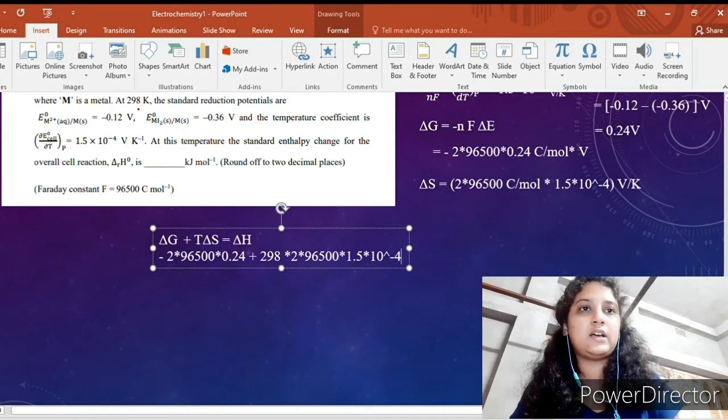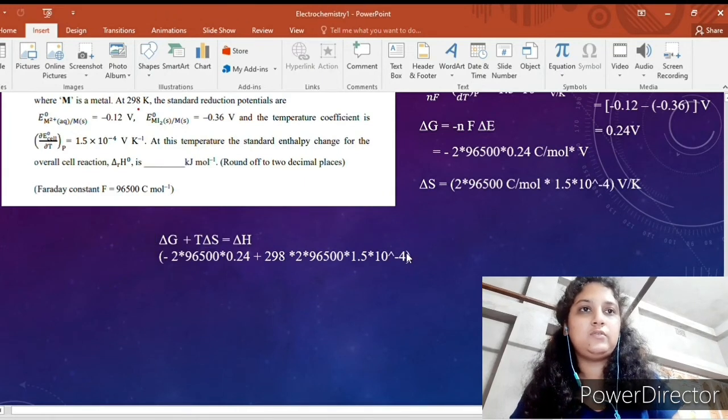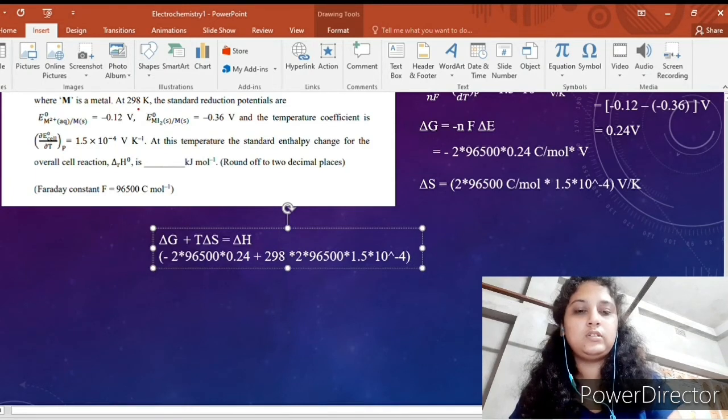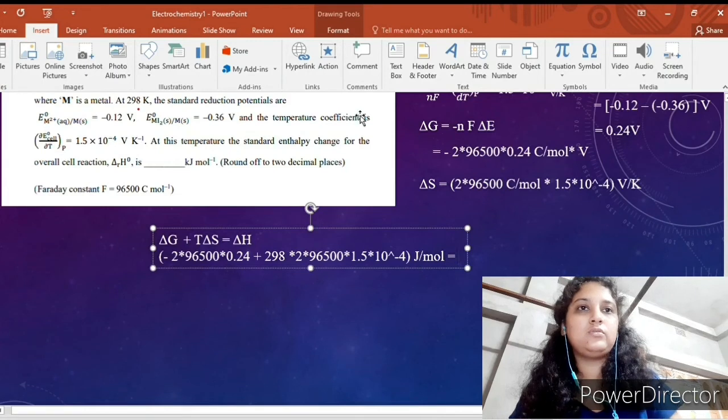So this is the value of del H, which will be in joule per mole.